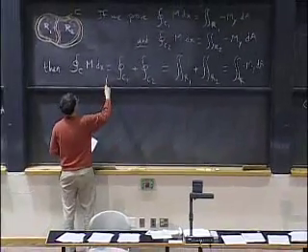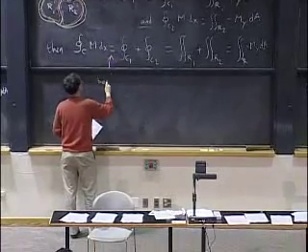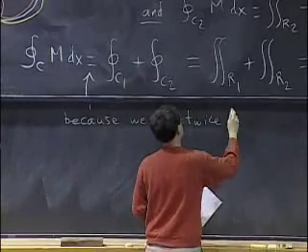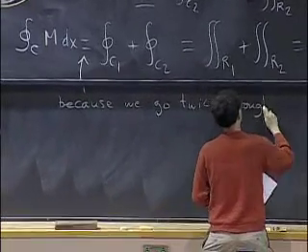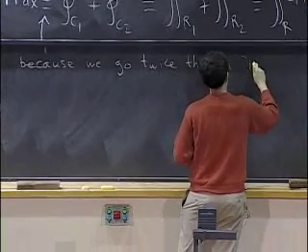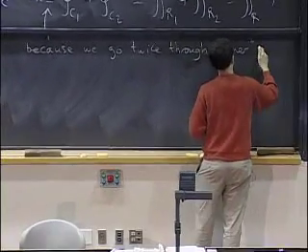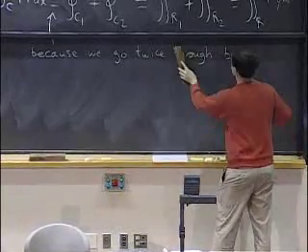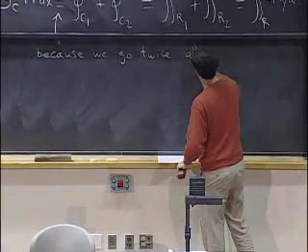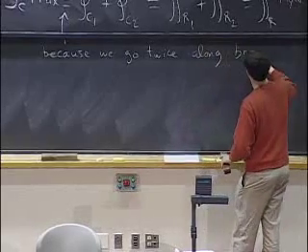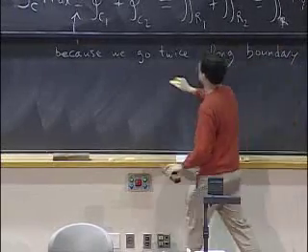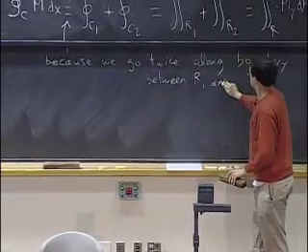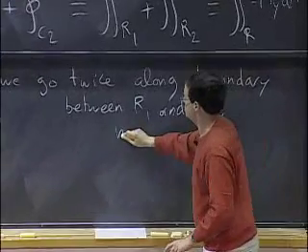And the reason for this equality is because we go twice along the boundary between R1 and R2, with opposite orientations.